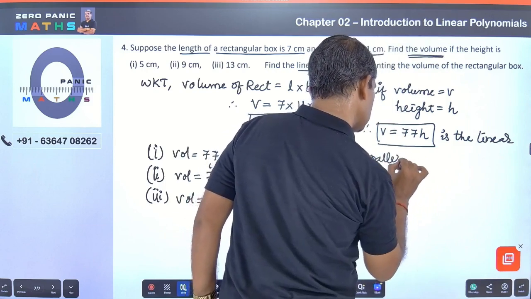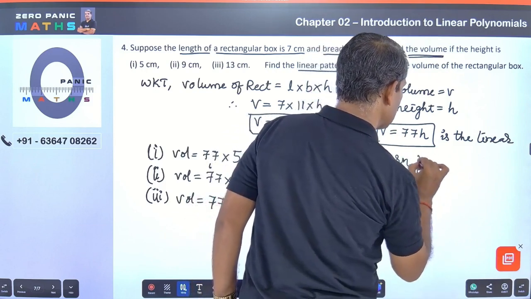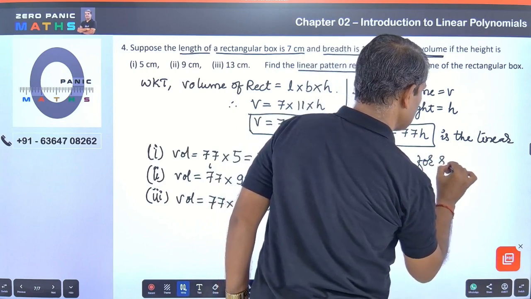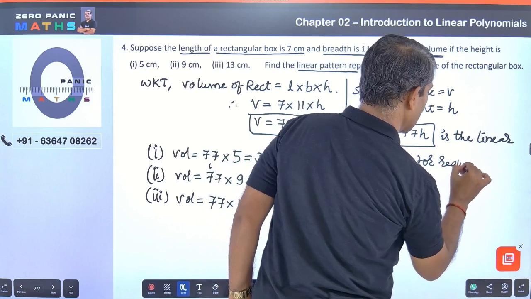Generally you can write it as the linear pattern for the required problem.